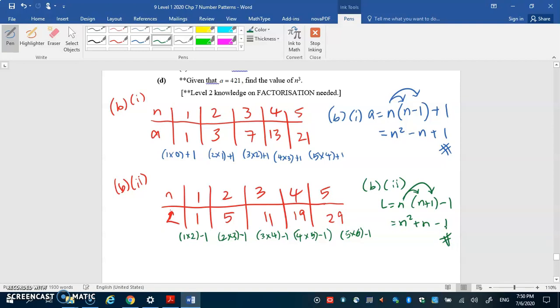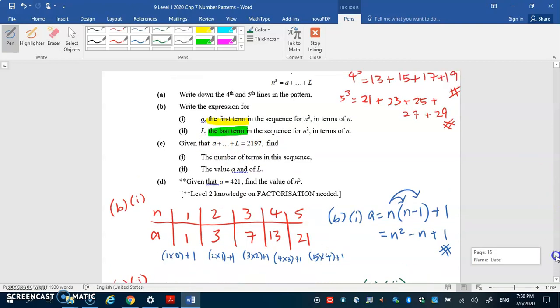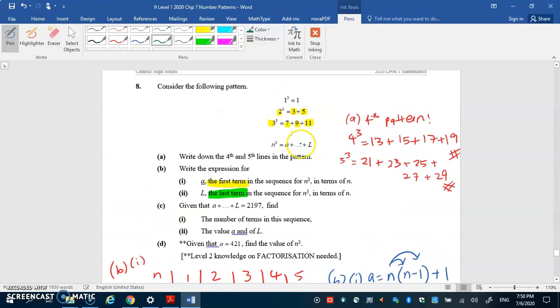Okay, next. Given that A plus ... plus L equals 2197, that means the first term all the way until the last term you add together, you get 2197. Find the number of terms in this sequence. Okay, so remember this sequence is actually referring to the cube sequence over here.